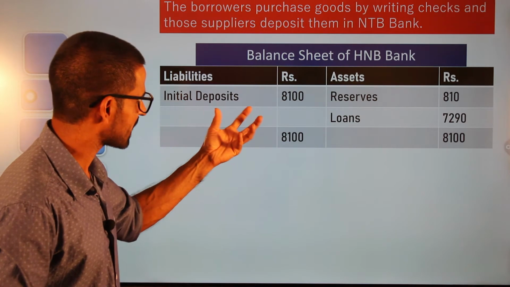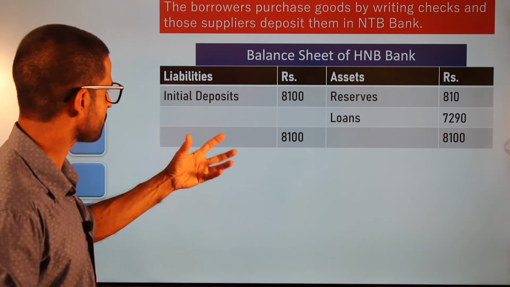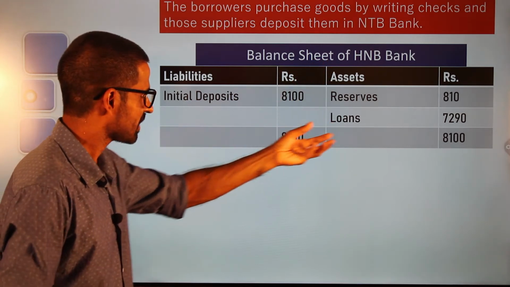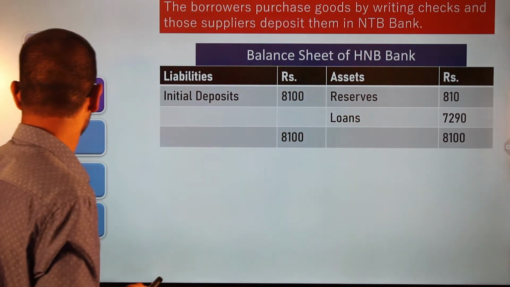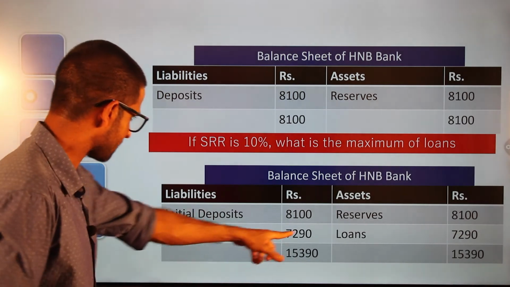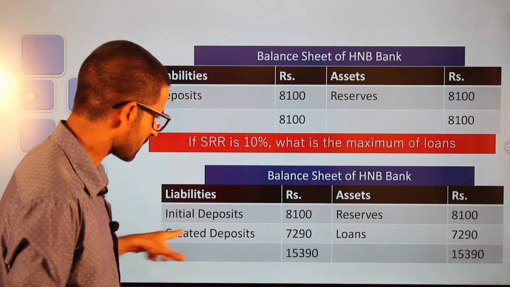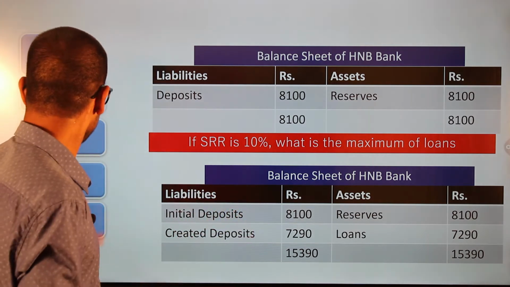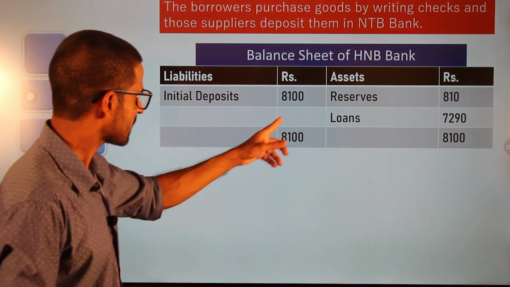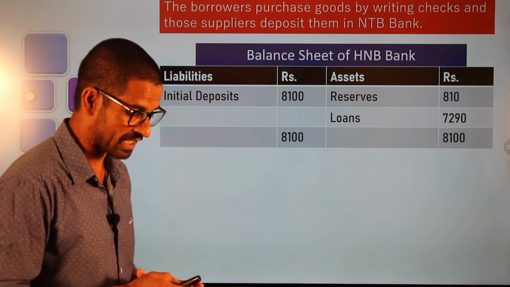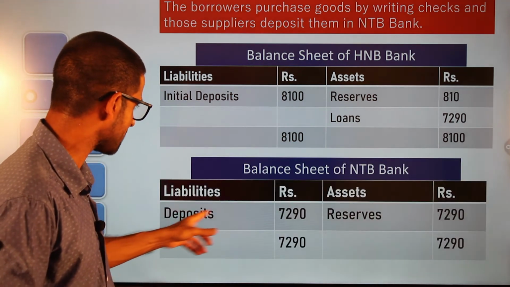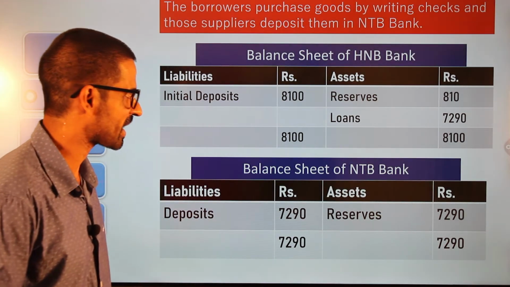Nation Trust Bank will get this. This is the Hatton National Bank situation. These 7,290 checks, these deposits created, will disappear now, right? It will not be there anymore, and it will go to NTB, Nation Trust Bank. So this is the balance sheet of NTB, deposit 7,290.